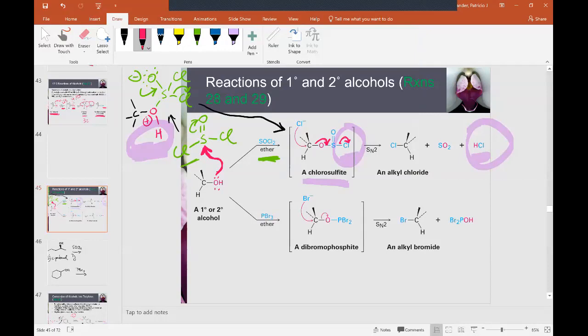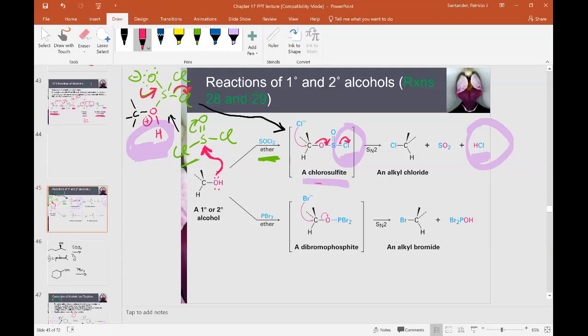You have formation of a sulfur-oxygen bond with the oxygen bearing 3 lone pairs of electrons. And then you have regeneration of the oxygen-sulfur double bond and departure of the chloride, Cl minus.